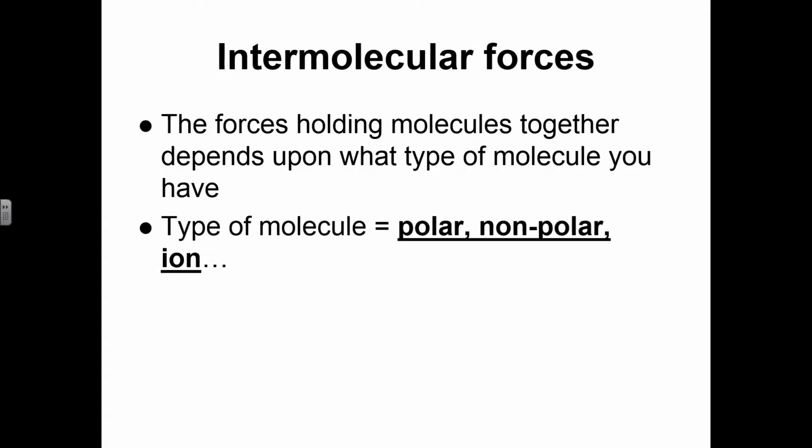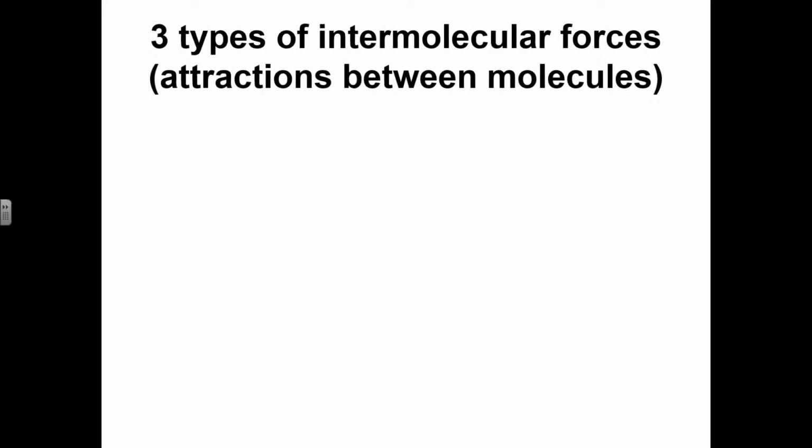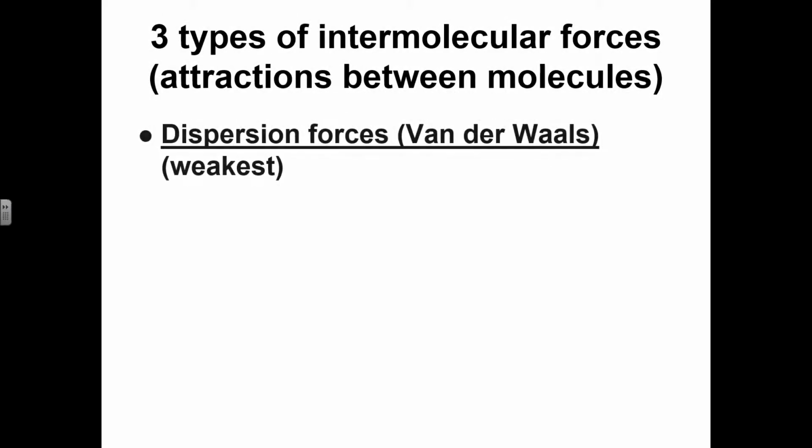So it depends on the type of molecule to really help you determine the force that exists. That's why it's good that we've been practicing how to tell if something is polar or nonpolar. And of course, ions are things that have a charge. Okay, so the three types of forces that exist, let's start with the weakest.